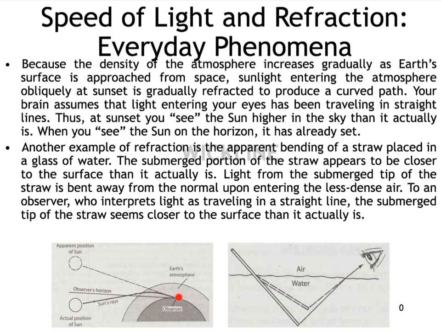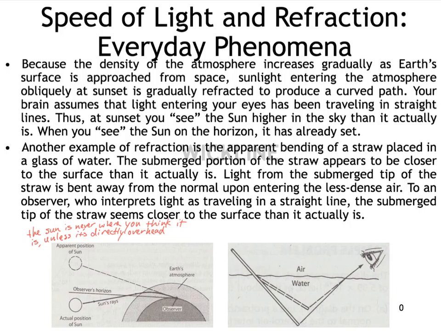Now, when it does get to your eye, your brain is going to assume that it's moving in a straight line based on the way it was moving when it got to you. And when it got to you, it was moving at this angle. So your brain is going to assume that it's somewhere over here. But in reality, it's way down here below the horizon. So there's all kinds of craziness there. But the sun is not where you think it is unless it's directly overhead.